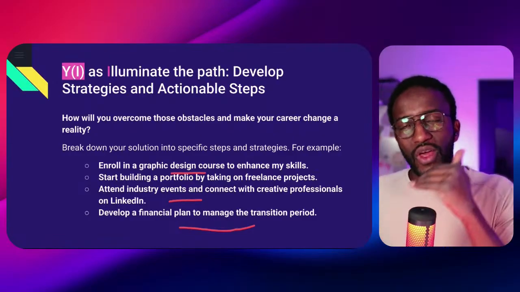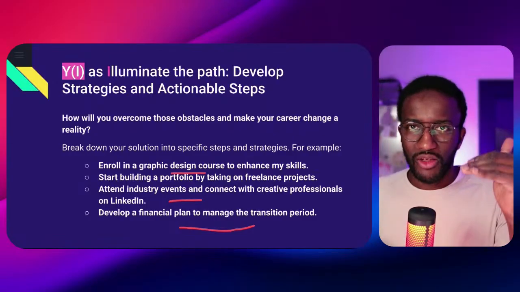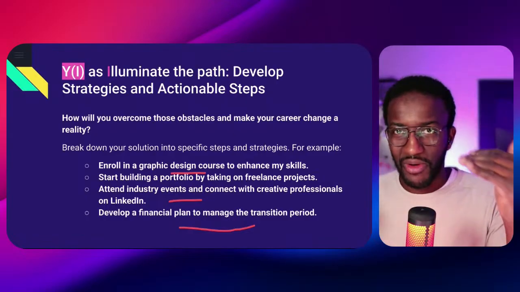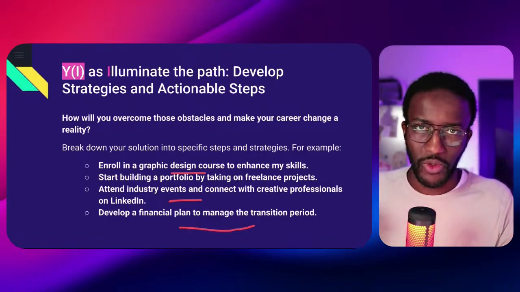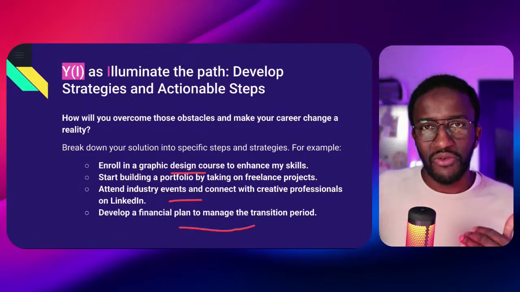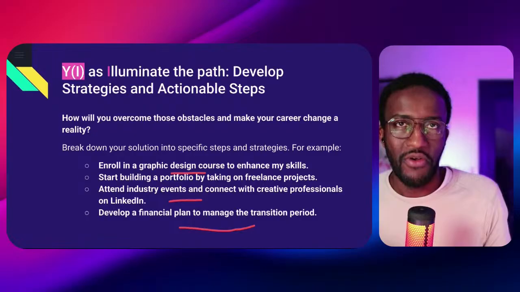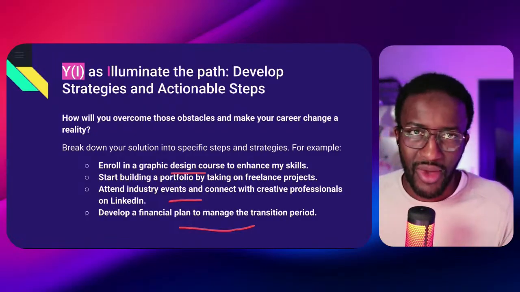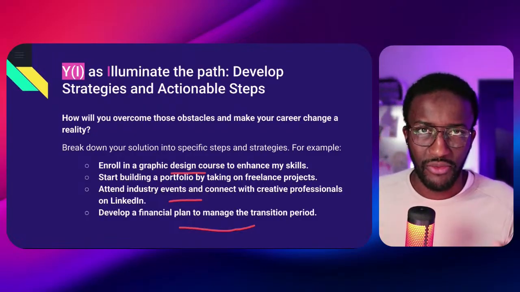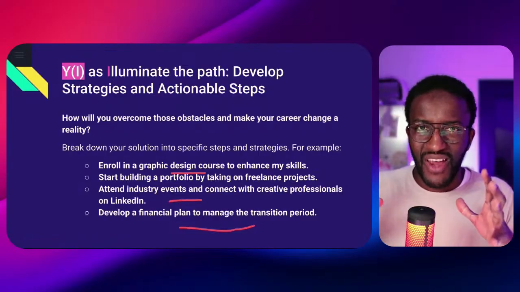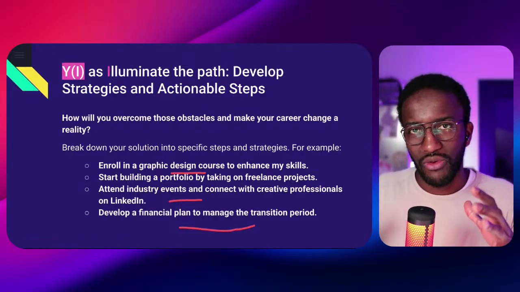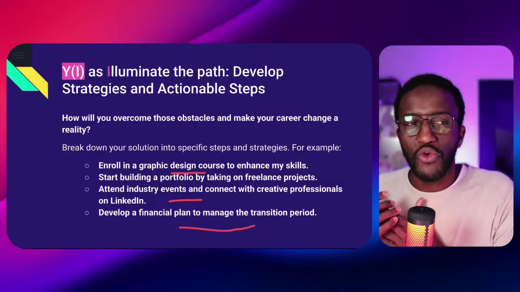And once I have enough income from my side hustle, which is more than what I have in my 9 to 5, then I can quit. But I will not quit my 9 to 5 if I am not already generating revenues from, let's say, my side hustle or my new creative job. So all those, let's say, financial aspects is something that also you have to address, on how you will address those.